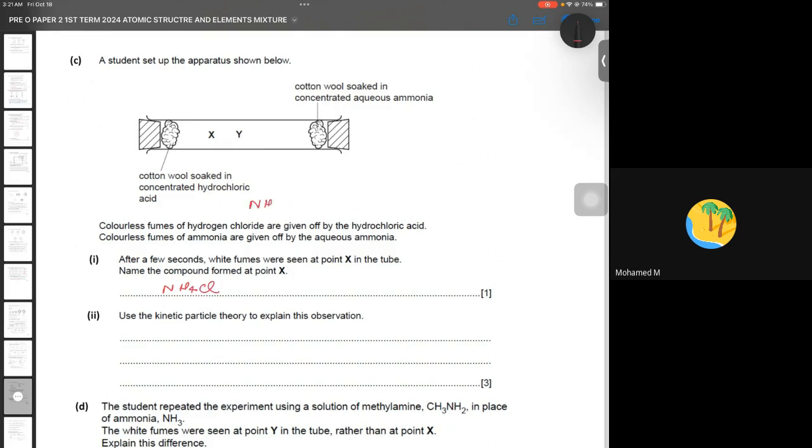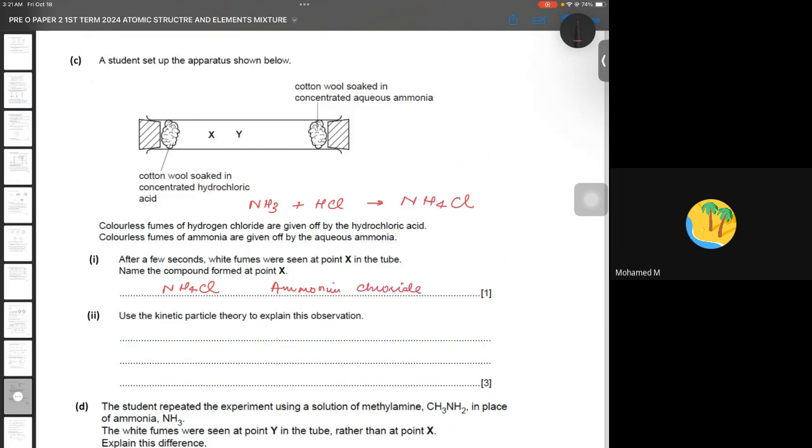When ammonia reacts with HCl, the total hydrogens would be 4, N would be the same, and Cl would be the same, so that would be ammonium chloride.